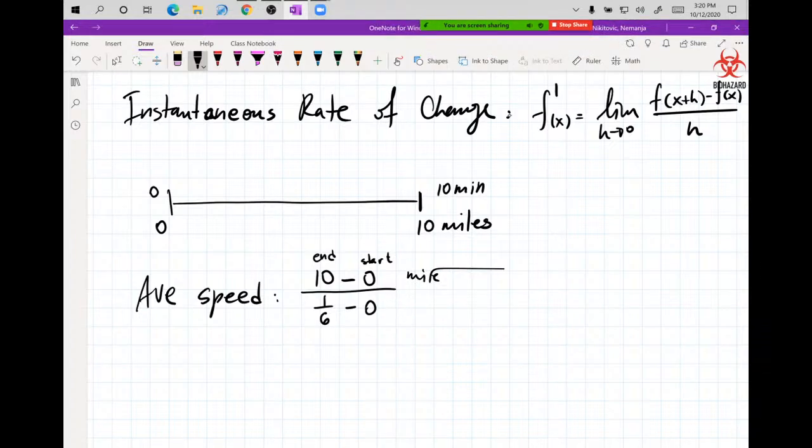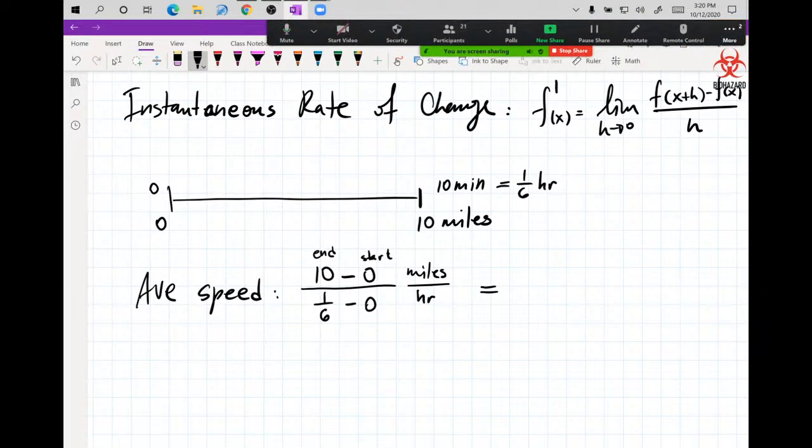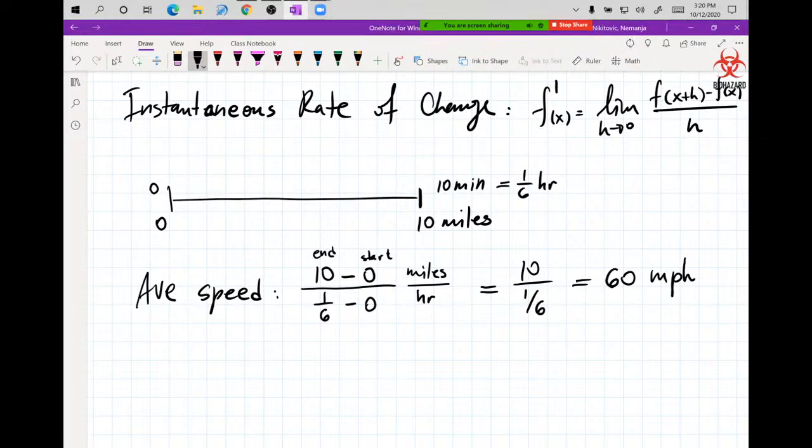Miles per hour, there we go. When I take 10 minutes is equal to 1/6 of an hour, so we get 10 divided by 1/6, which is 60 miles per hour. This over here is average speed.